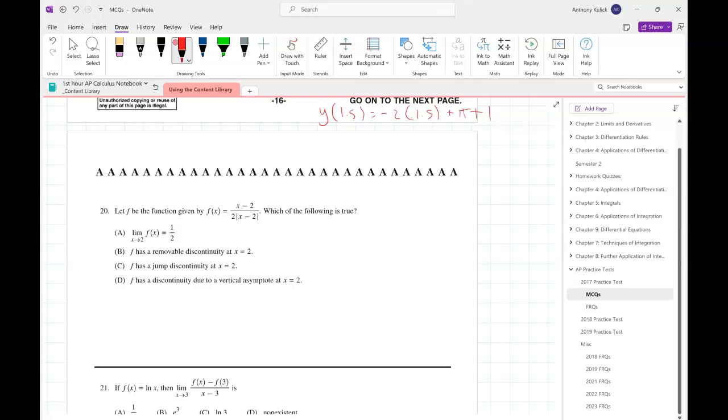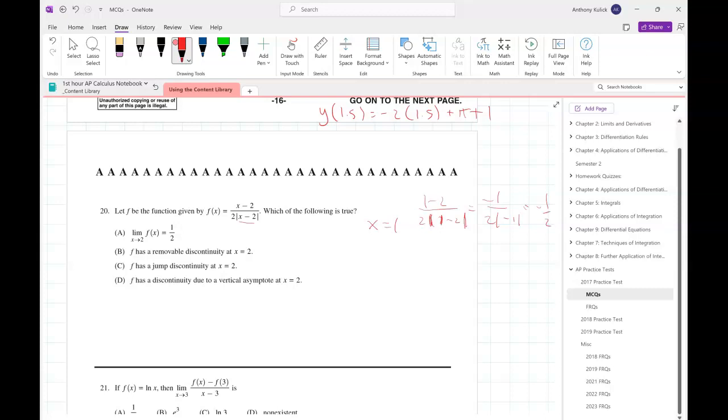Well, what happens if I picked something where x minus 2 is a negative number? Let's say x equals 1. So I get negative 1/2 there.